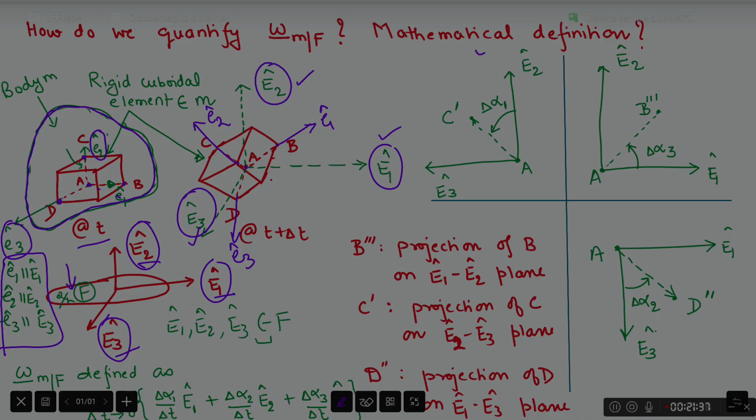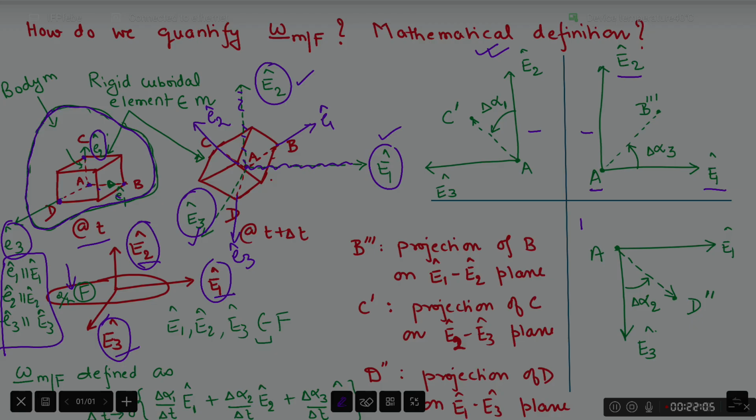Let's focus on this part of the slide. Here I have shown three planes. I am showing the plane of A, big E1 and big E2, which would be this plane.